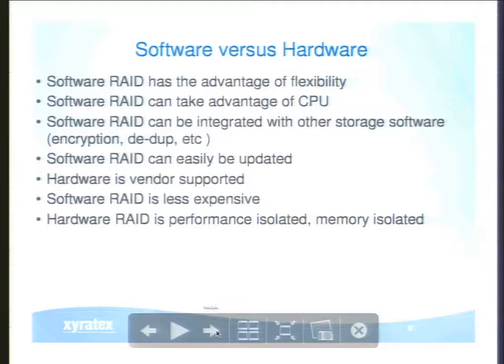The hardware RAID is vendor supported, so you remove some of the questions that you might have about Linux versions that are coming out. And typically, hardware RAID is more expensive because you're paying for a combined controller and RAID functionality, whereas with software RAID, you're just paying for the controller.